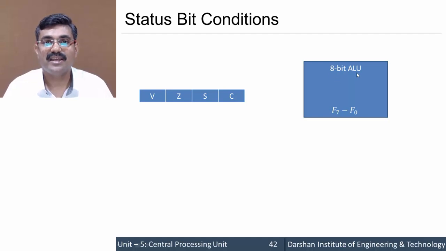Let's see how these flags are affected. This is an 8-bit ALU which performs arithmetic or logic operations on our data. Suppose we have two operands A and B of 8 bits on which certain arithmetic or logic operations are carried out. Say, for example, the arithmetic operation addition is performed on A and B. Naturally, we know that an extra carry bit may be generated.